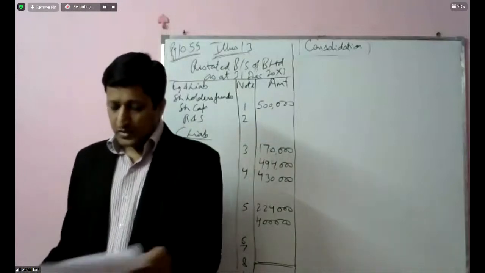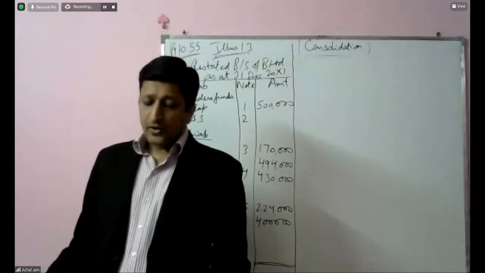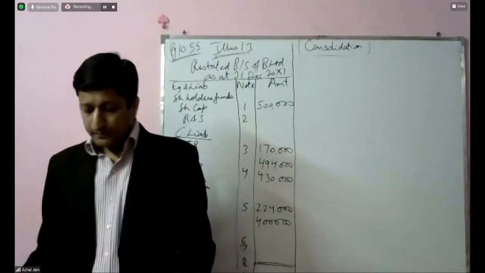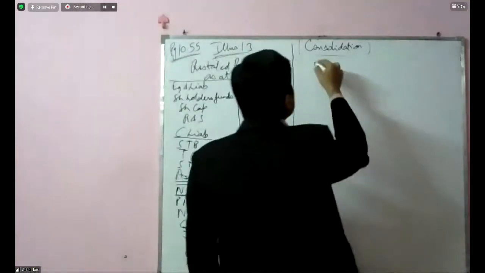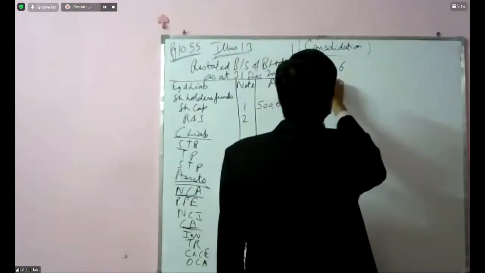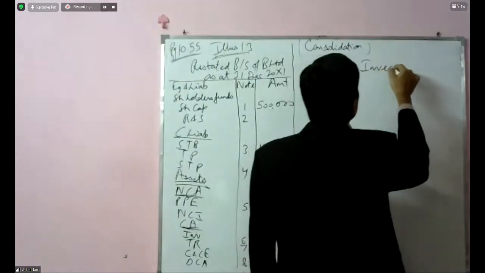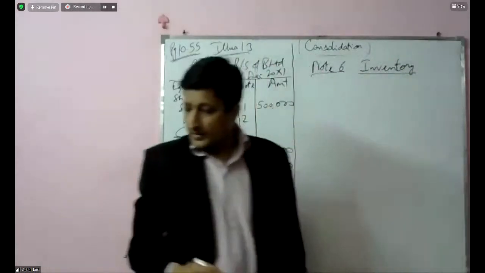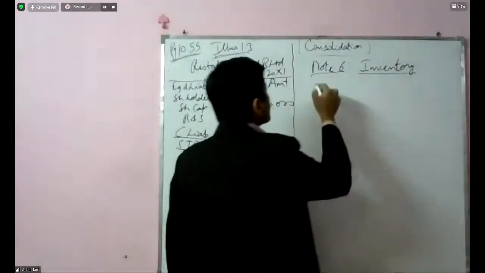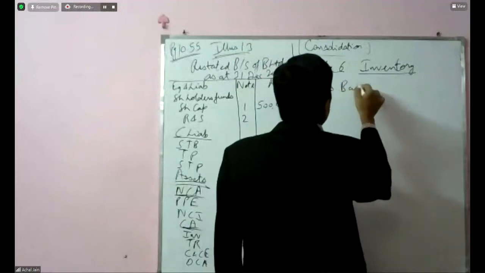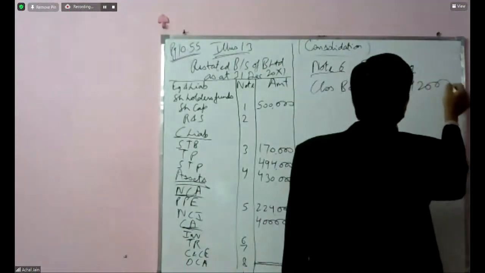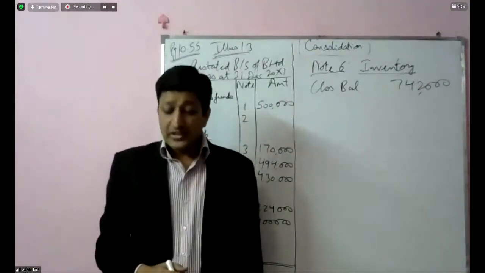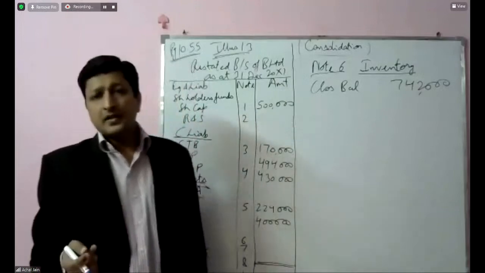This is on inventory. And for inventory, we have a closing balance of 7,42,000. Now in this, we need to make the adjustment.